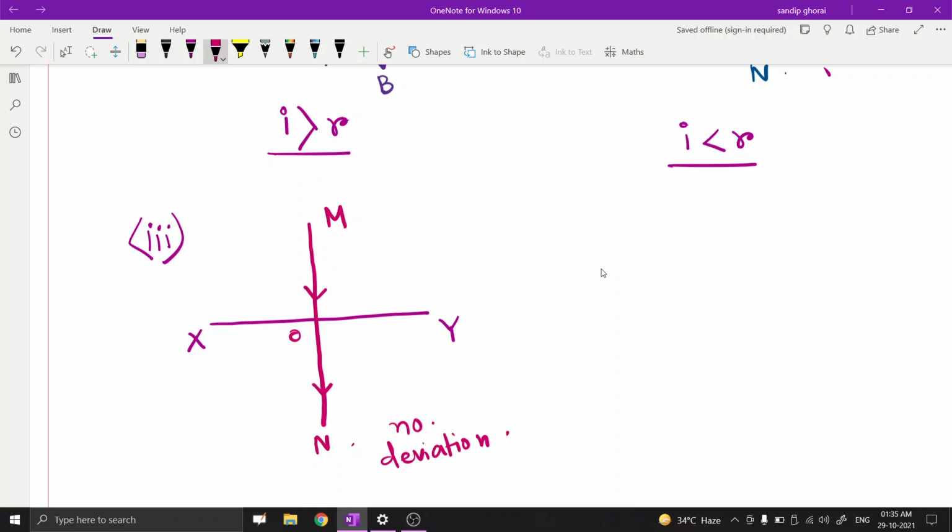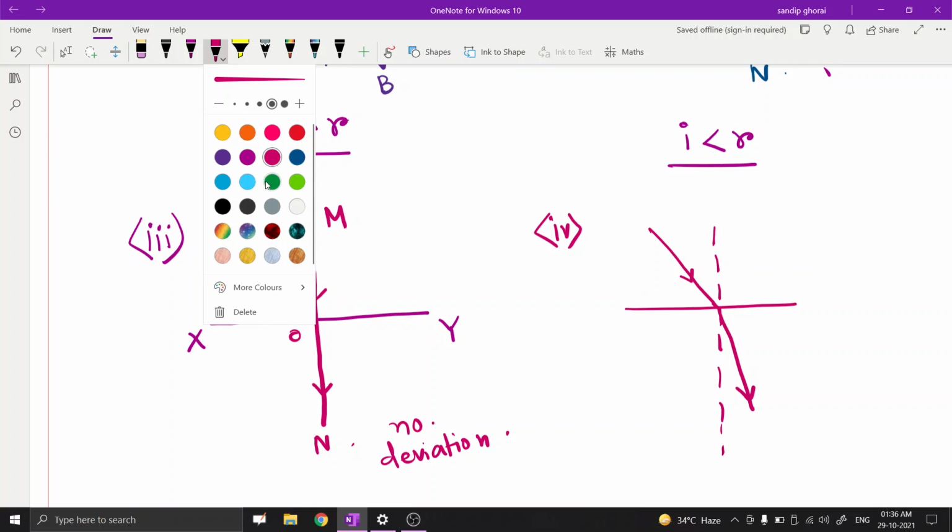The fourth rule is that the path of light is reversed, it retraces its path. For the above three cases, if the path of light is reversed then it retraces its path. That means if we take the simple refraction rule, we can take the opposite direction also.